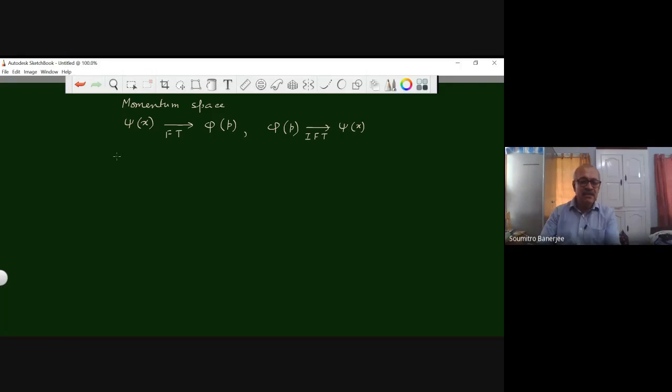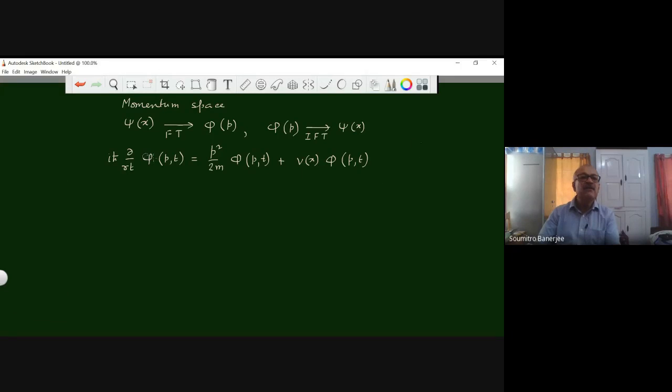And you have seen that in that case, the Schrodinger equation becomes i h cross del t of phi(p, t) equal to p squared over 2m phi(p, t) plus the potential term.